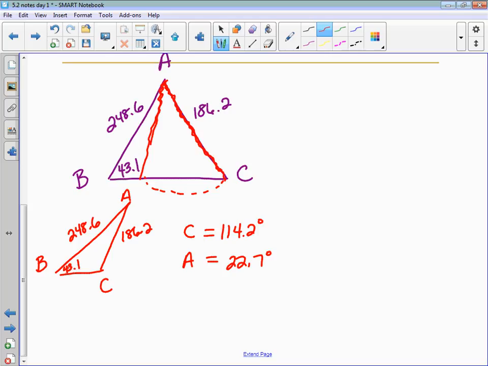So the only thing we have left to find is little a. We just go back to law of sines for that. So sine of 43.1 over 186.2 equals sine of your stored A over little a.